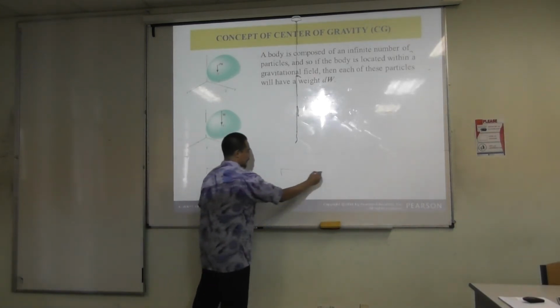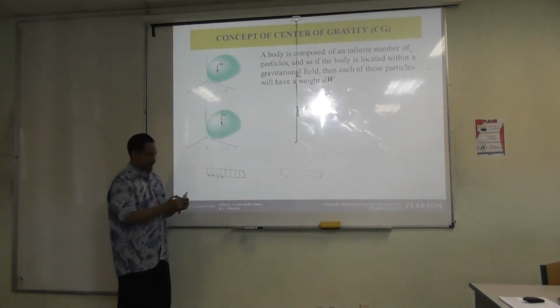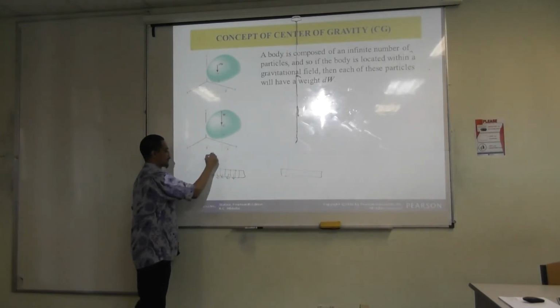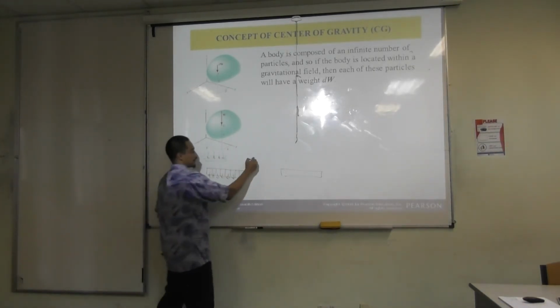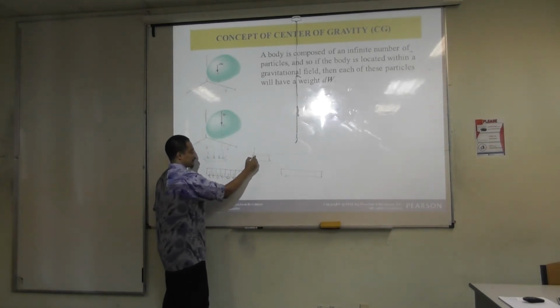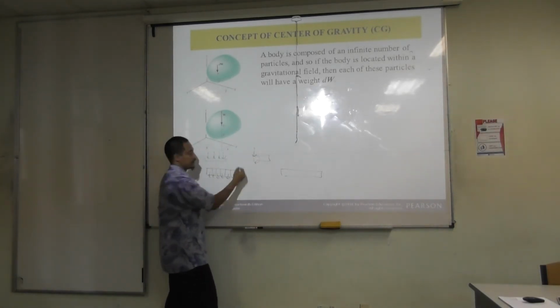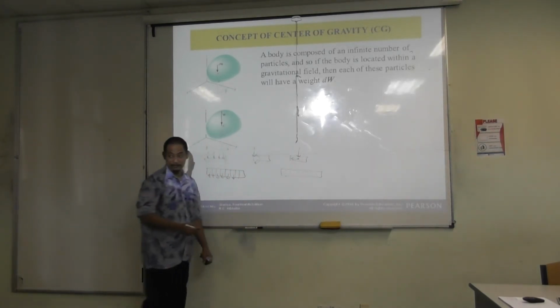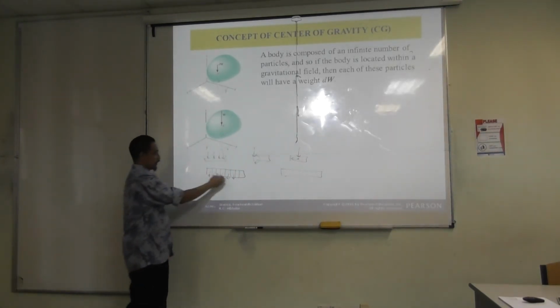And the equivalent is, as we have learned in chapter 4, if you have multiple forces, we can get one force and one equivalent moment. Or it can simplify this one and the location, right? So it's the same idea. This one has its own.